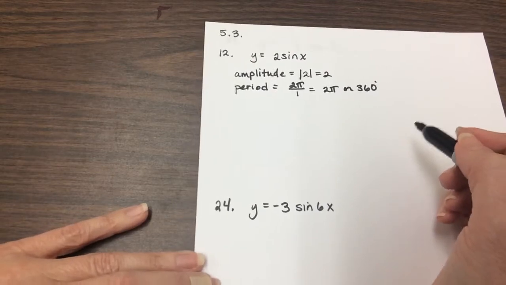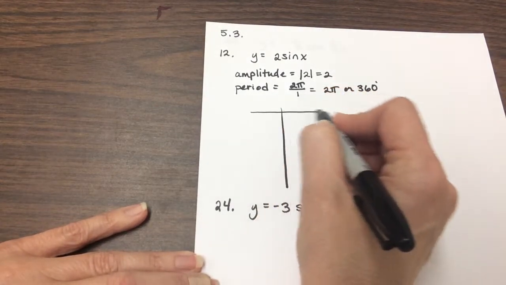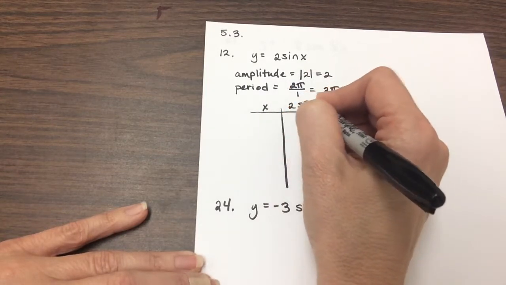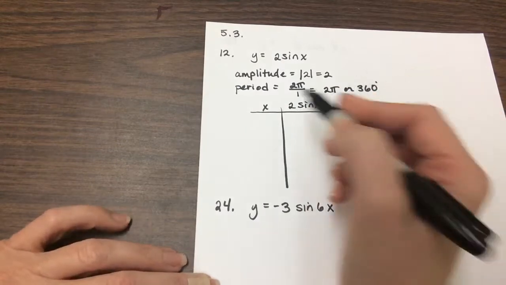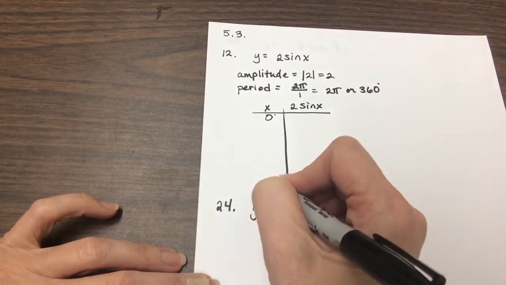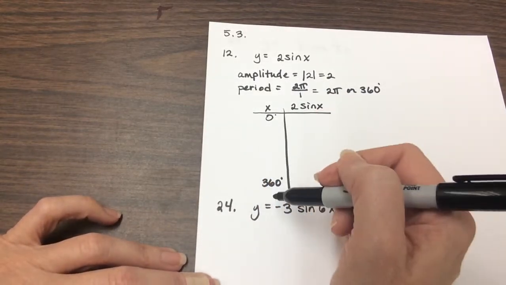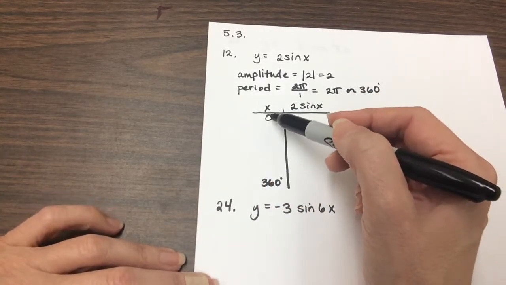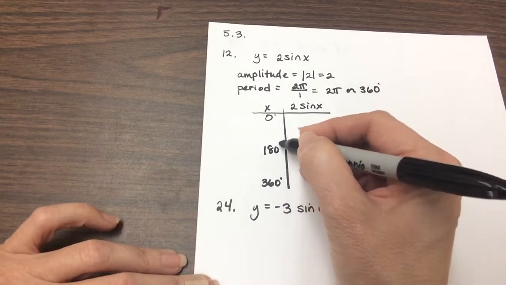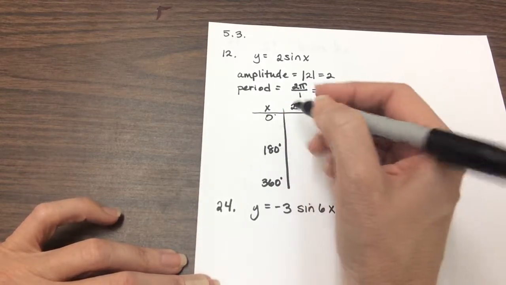Alright, so if I'm graphing this, I'm going to pick 5 points. So I've got my x, and then I'm looking at 2 times the sine of x. My 5 points, I'm going to start at 0, and I'm going to stop at 360 degrees. There's 2 ways to pick your 5 points. One way would be, that's where I'm starting, that's where I'm ending, so I need a middle, and then the middle of the middle, basically.